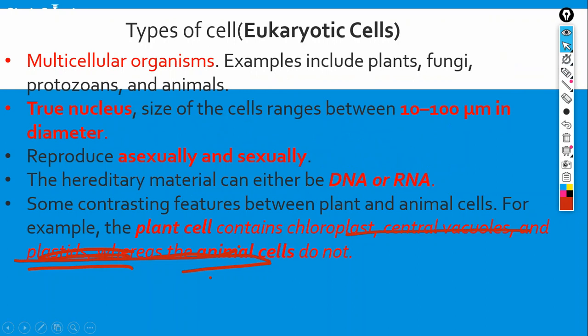So we have the eukaryotic cells. Eukaryotic cells are found in multicellular organisms, and examples include plants, fungi, protozoans, and animals. All right, so there is a true nucleus.